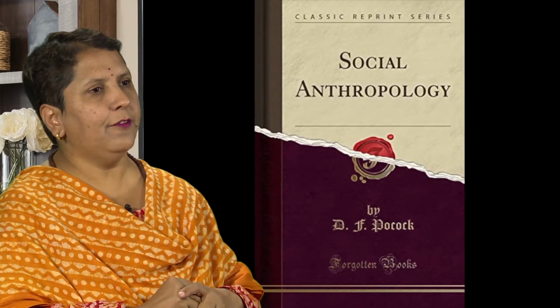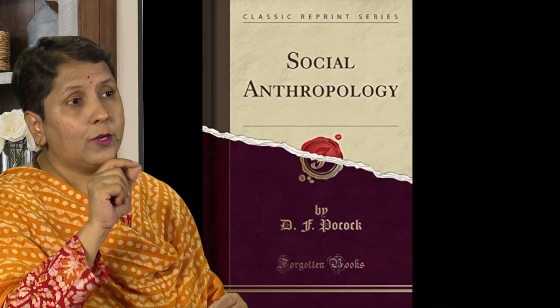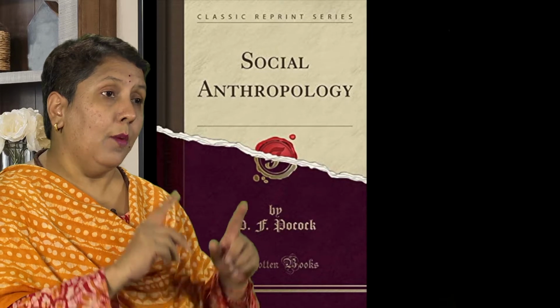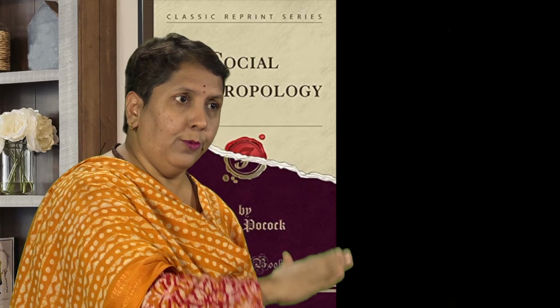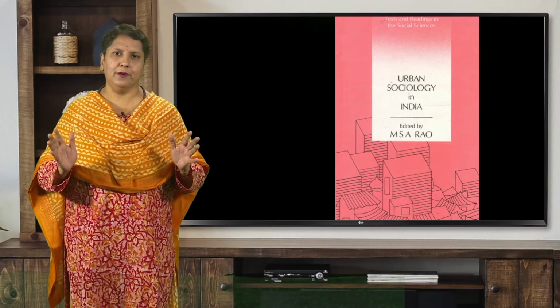Another view regarding rural and urban communities has been given by D.F. Pocock, a British anthropologist, who believed that both village and city are elements of the same civilization and hence neither the rural-urban dichotomy nor the continuum is meaningful.